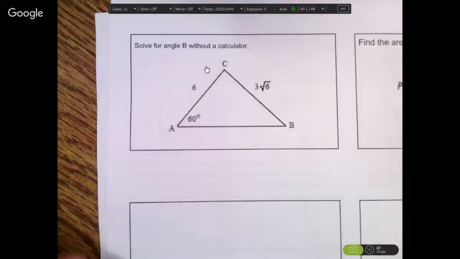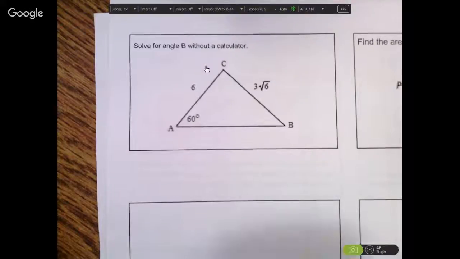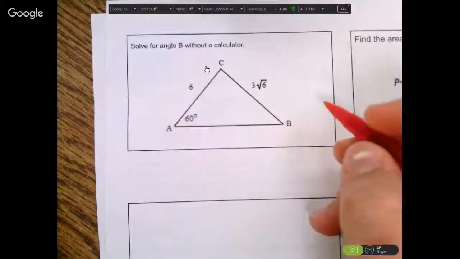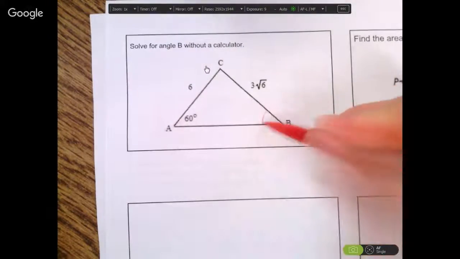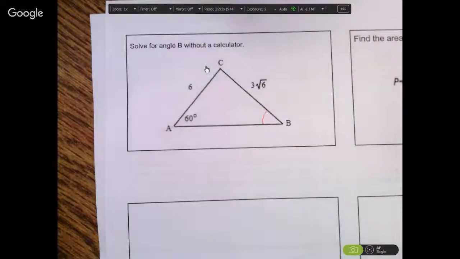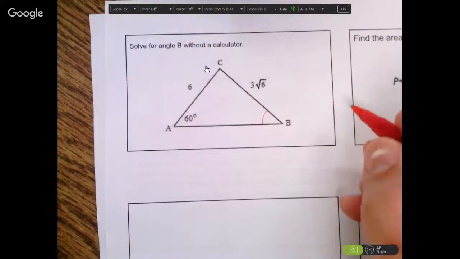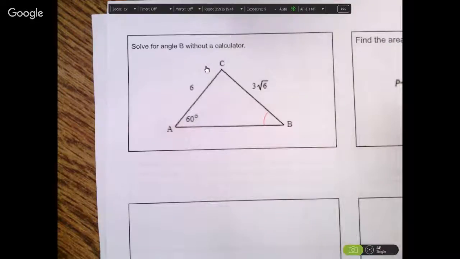So looking at this problem, I heard law of cosines. If I do law of cosines, I'm looking for this angle, and law of cosines says you need all three sides.